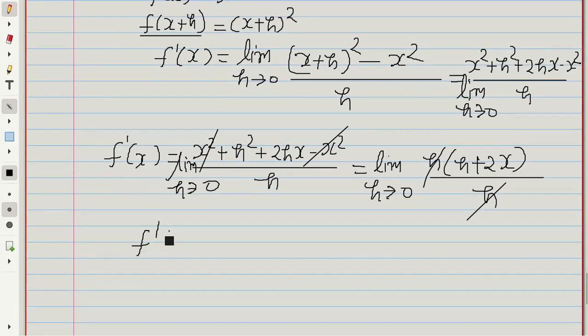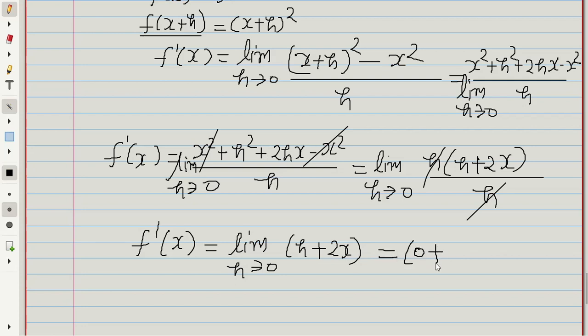Thereafter f dash x is equal to limit h tends to 0 of h plus 2x. That would be equal to 0 plus 2x, and that is equal to 2x.